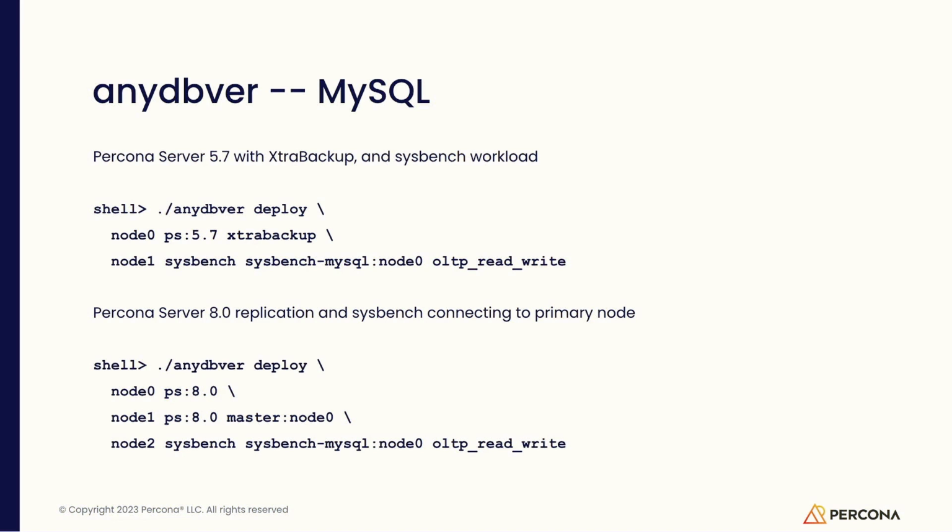But for node 1, we are going to say Percona Server, the same version, and in this case, the primary will be node 0. This will configure everything for us, and we will have replication set up after the command finishes. And then on top of that, let's add one other container, one other node that is running sysbench against the primary with the OLTP read-write benchmark.